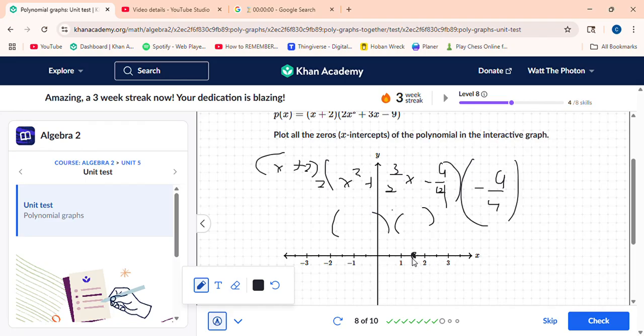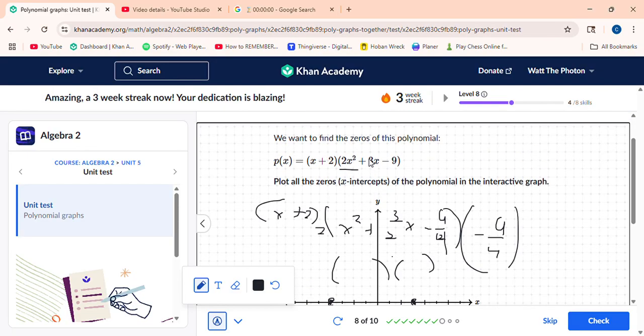So 1.5, negative 2. I think this is how it's supposed to play out. Let's double check it. -1.5, -3.